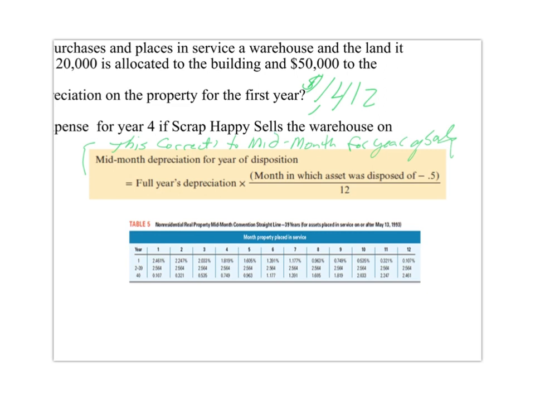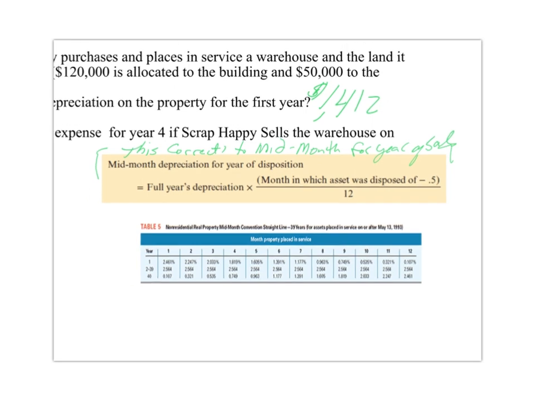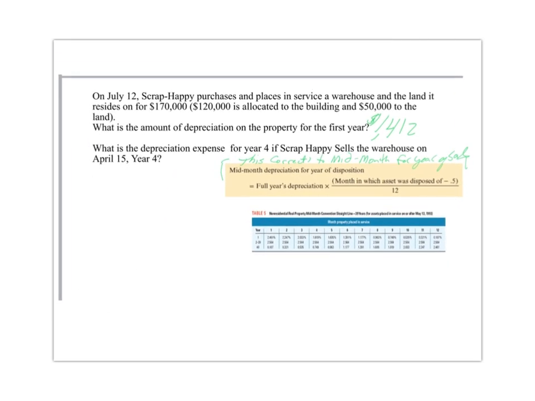Year of disposition could be maybe it gets destroyed by a hurricane or a tornado and it's disposed of via a casualty loss. But in our situation, we're talking about selling things. So let's learn how to use that. You can do the math on mid-month depreciation without that little formula, but you will have access to that formula on the exam, so it makes sense to put it here and talk about it.